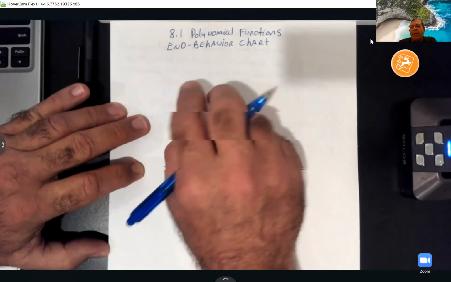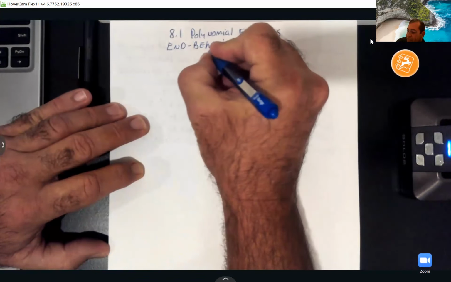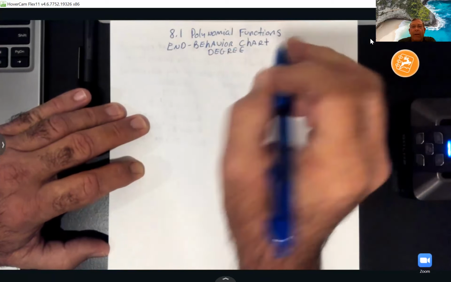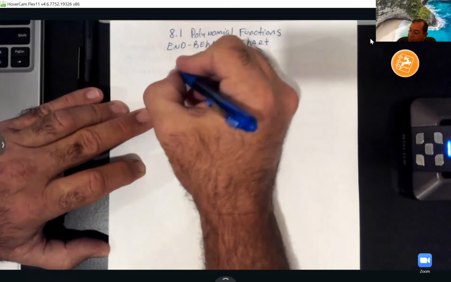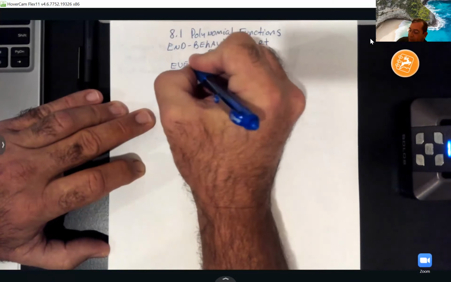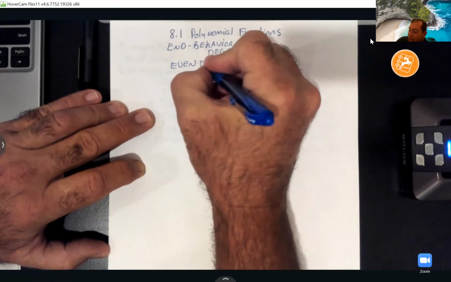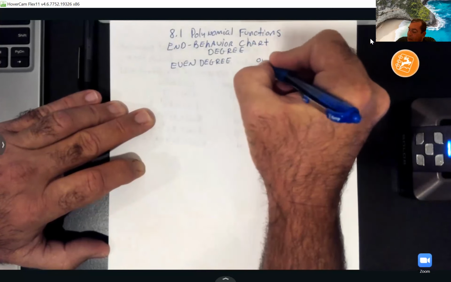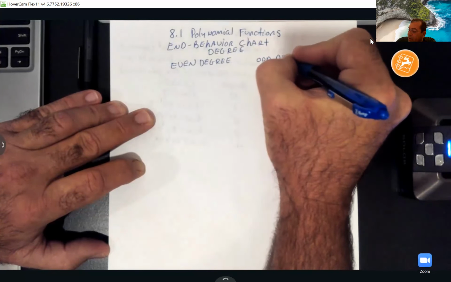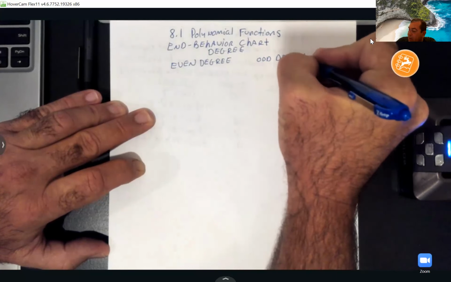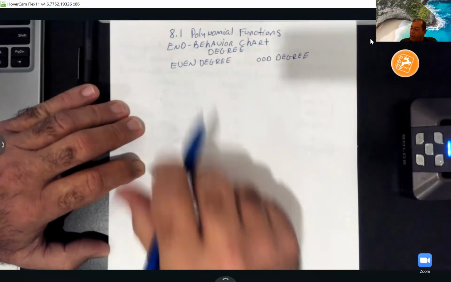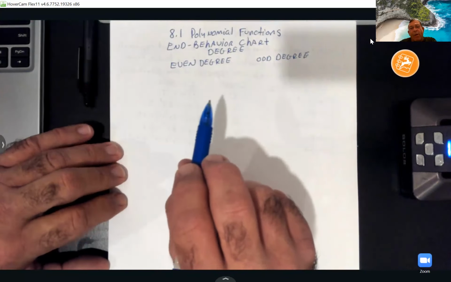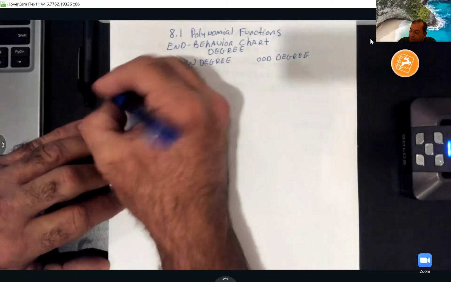So the chart looks at the degree first. Now the degree can be even, so I can have an even degree, or I can have an odd degree. Okay, so it looks at the degree. Is it even or odd? And then we compare that with the lead coefficient.